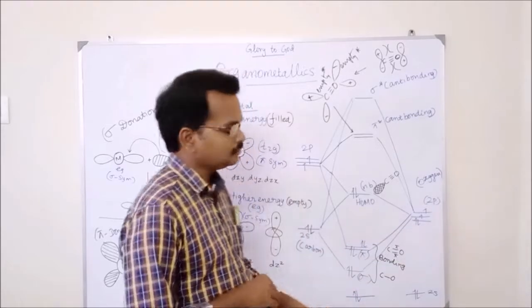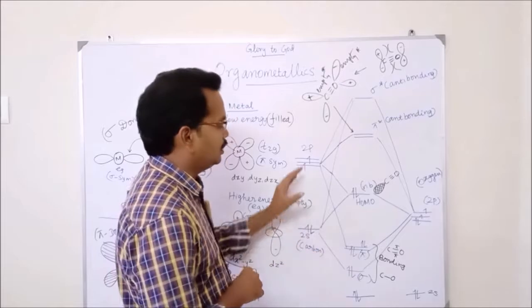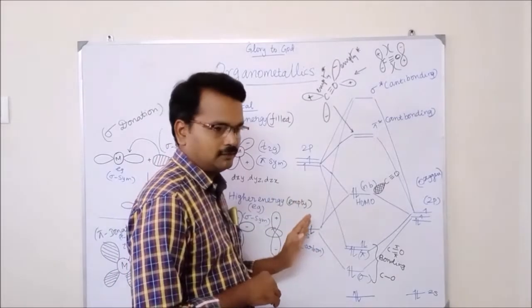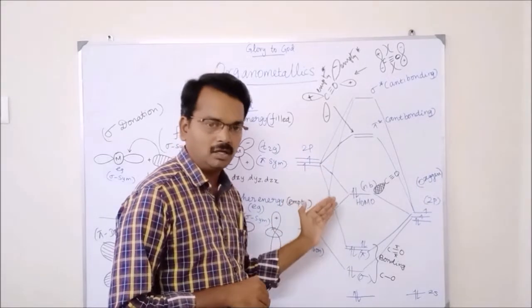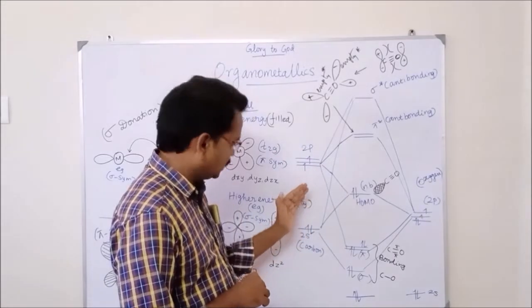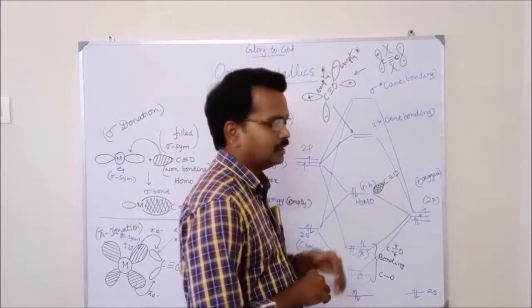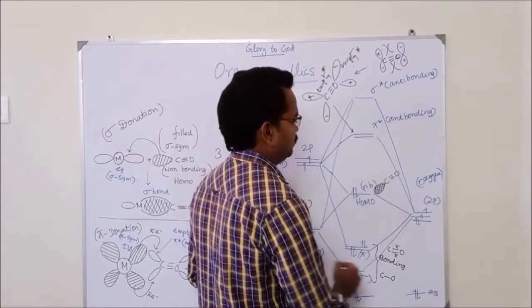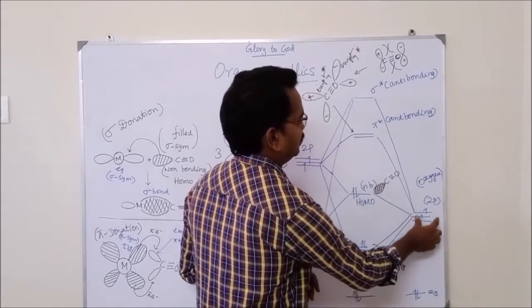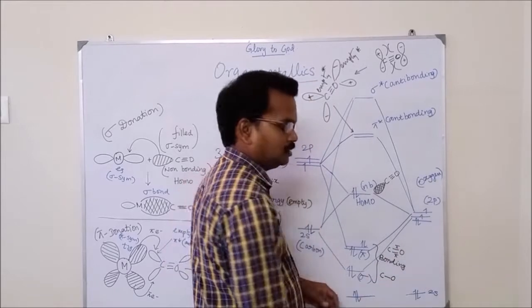But on the left-hand side you must draw the less electronegative carbon atom, and that less electronegative carbon will possess a higher energy. Let us fill the electrons for both the atoms. In the first case, on the right-hand side we start the filling from the 2s.